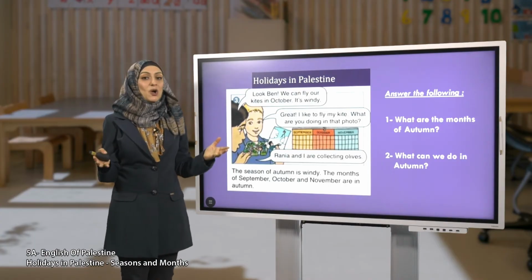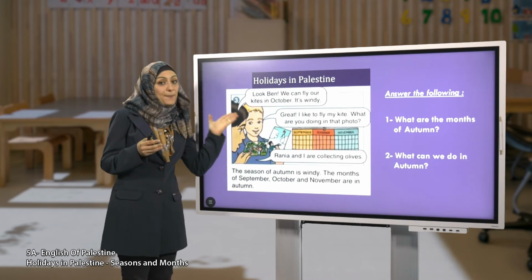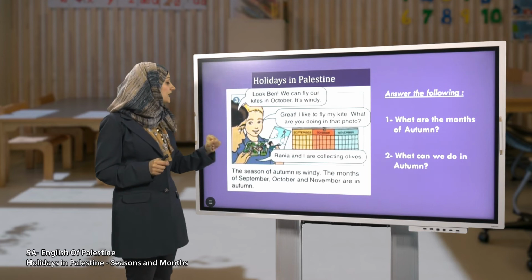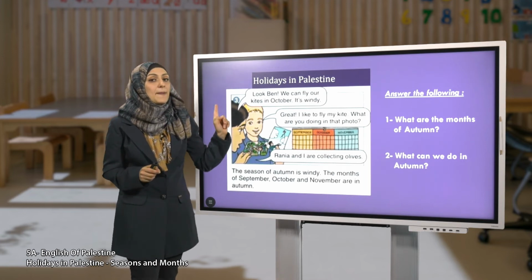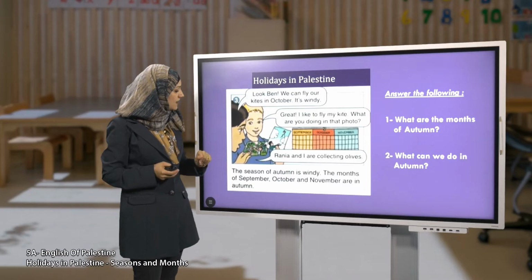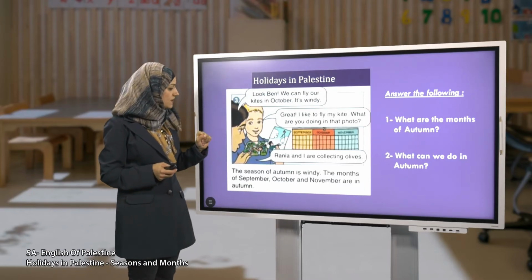Now, let's look at the picture and listen to the conversation between Rania and Ben. They are also looking at the calendar and they are showing each other some photos. Look at the photos.